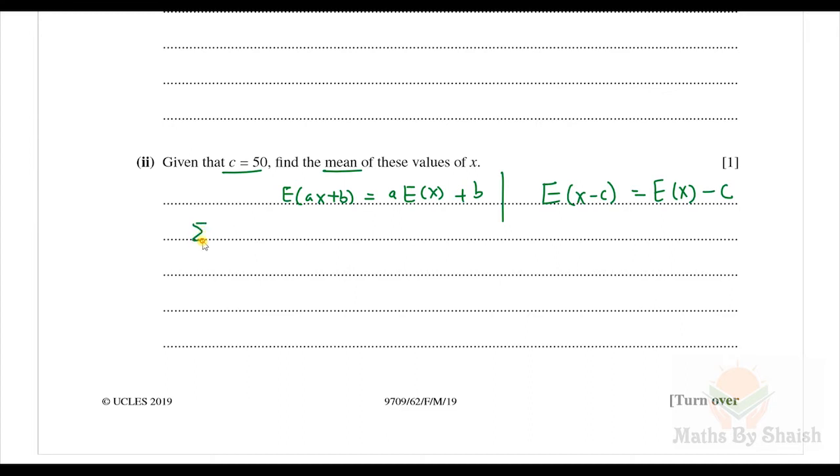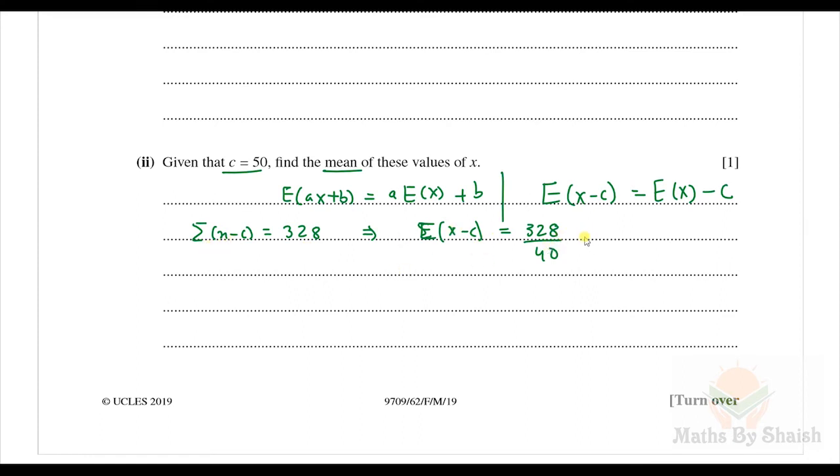So from the first part we know summation of x minus c is 328. So from here we can get the expectation of x minus c, which is 328 upon 40, because that is summation of x minus c upon 40.